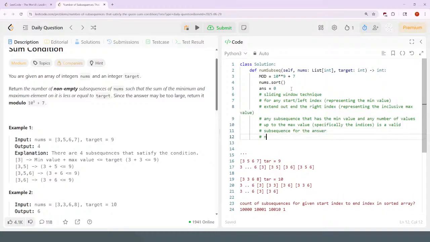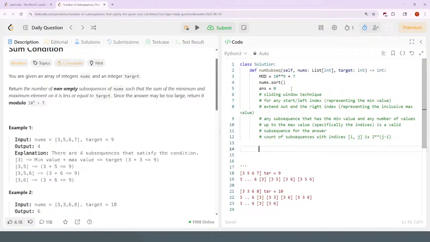So the count of subsequences for given min and indices from i to j, inclusive of i and inclusive of j, would be 2 to the power of j minus i.